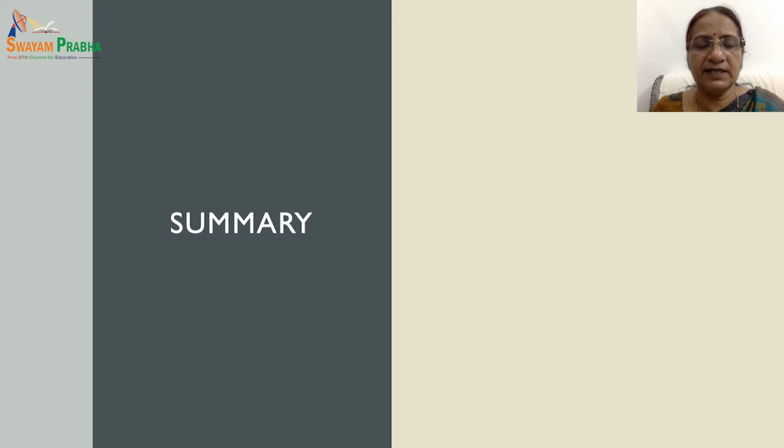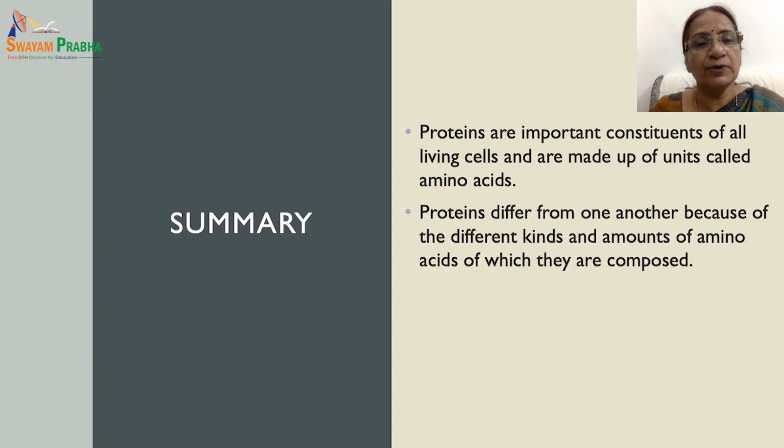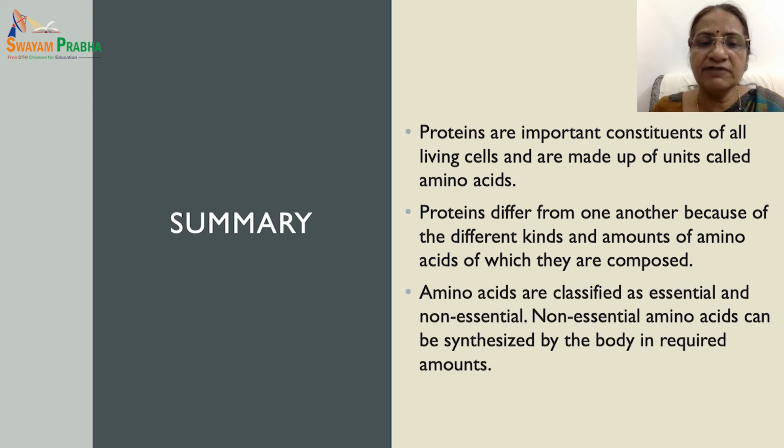Now let us summarize. Proteins are important constituents of all living cells and are made up of units called amino acids. Proteins differ from one another because of the different kinds and amounts of amino acids of which they are composed. Amino acids are classified as essential and non-essential.